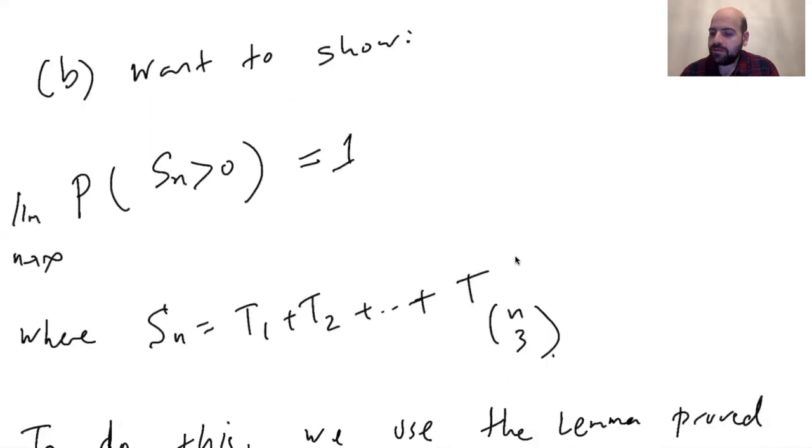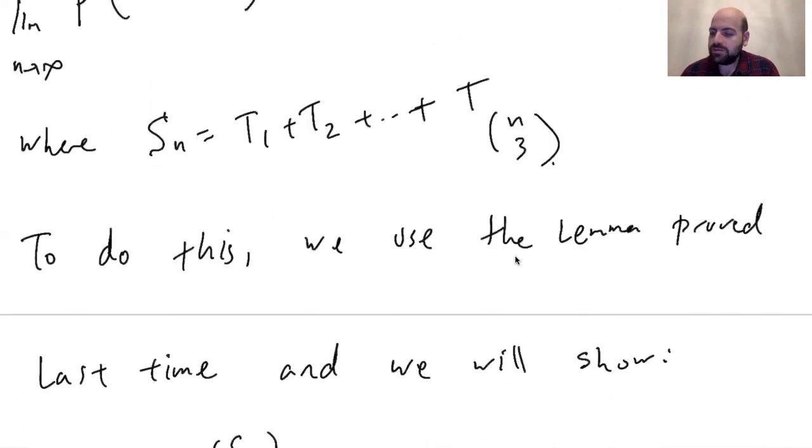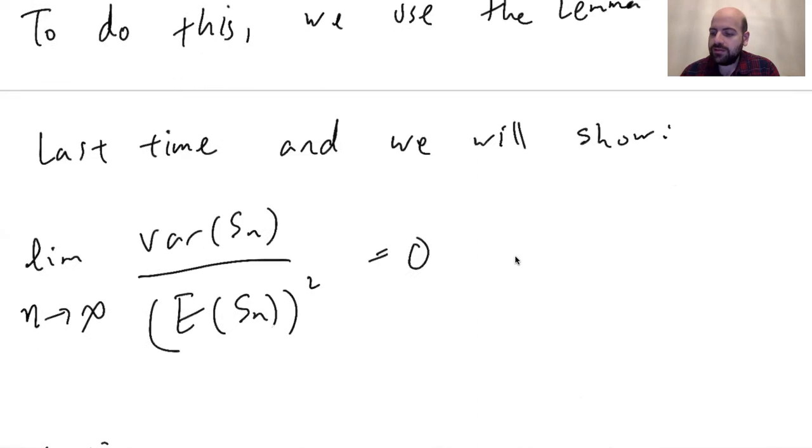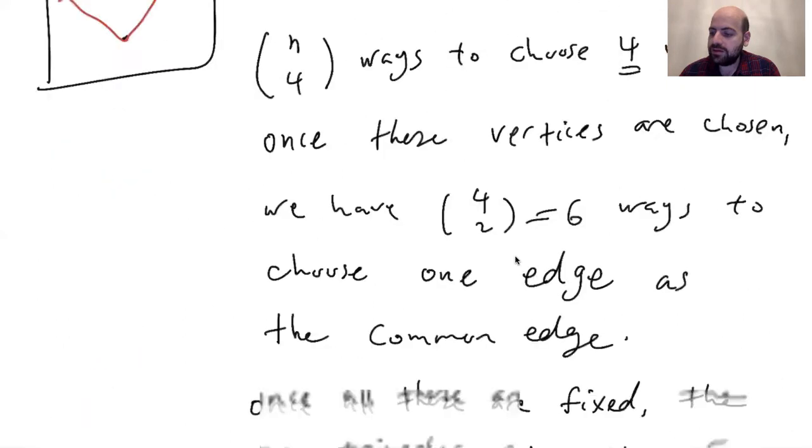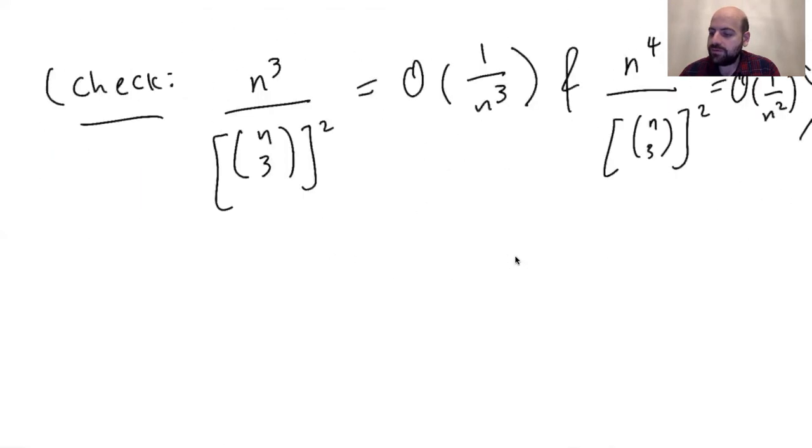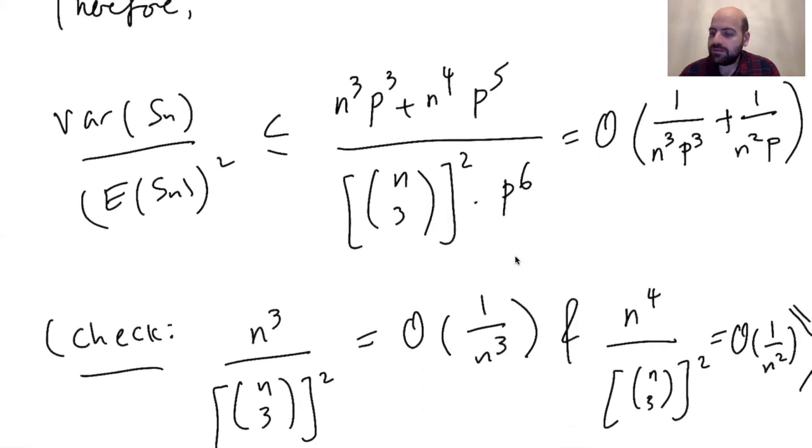To do this, we use the lemma that limit variance over expected value squared is 0. So I just need to show that this guy is 0. So far, we showed that this is big O of this guy. So if this guy is 0, this guy is 0, we are done.